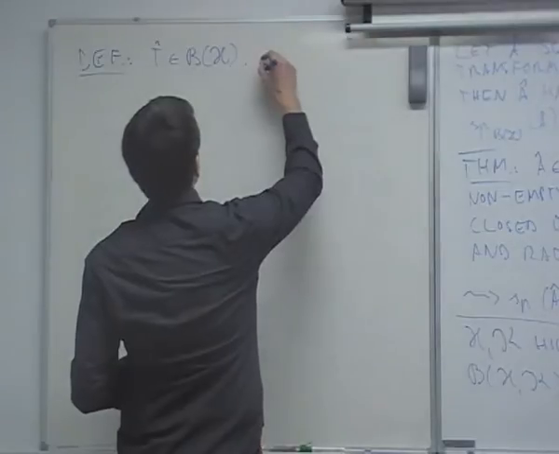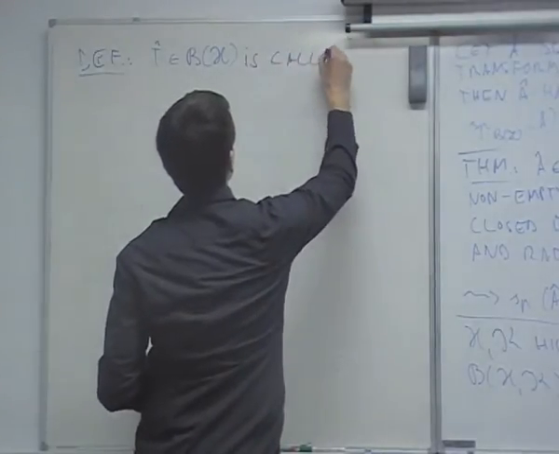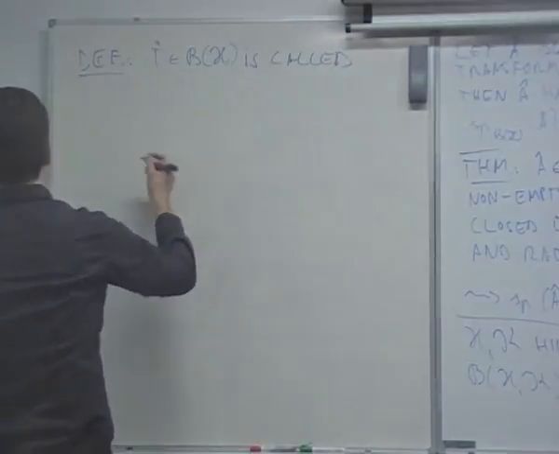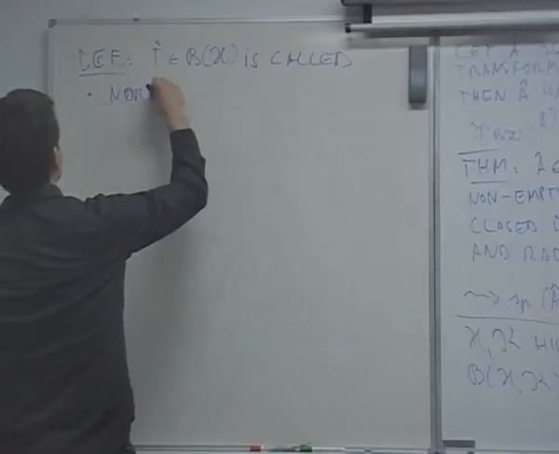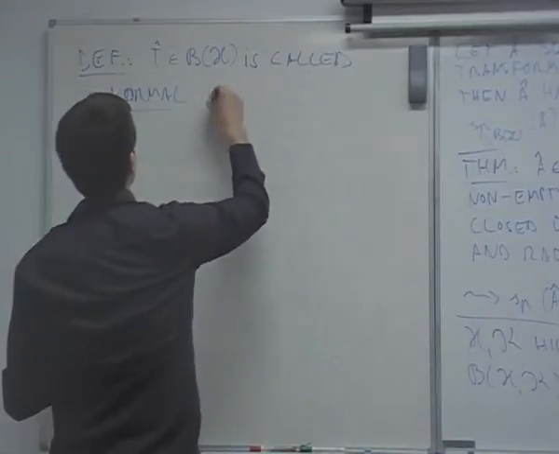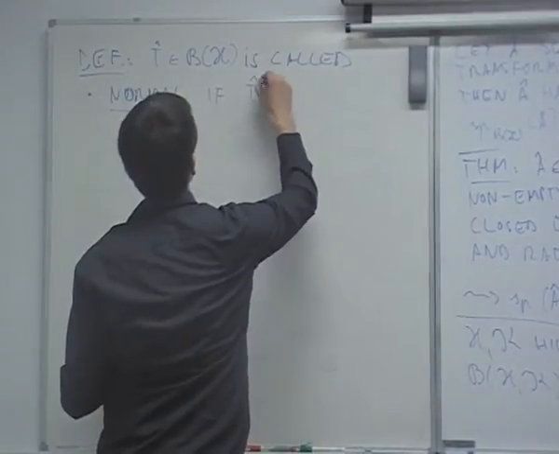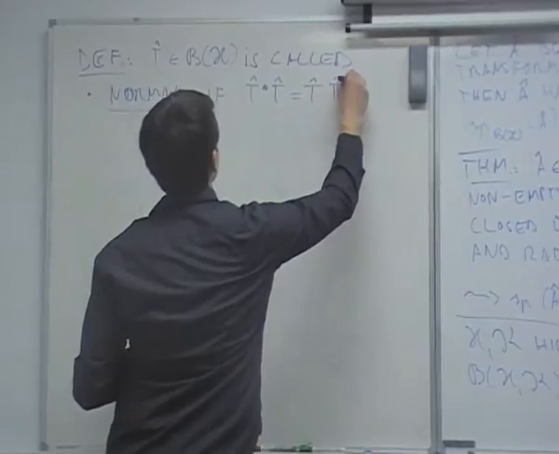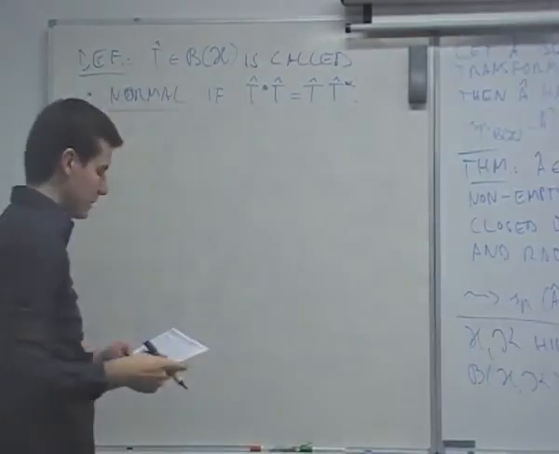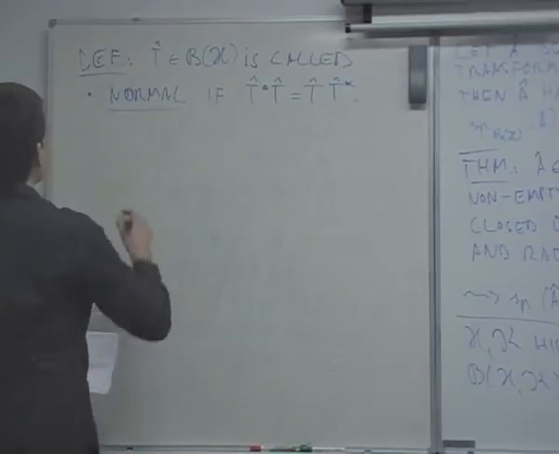So T is called normal if T*T = TT*. So if it commutes with its own adjoint, that's the notion.